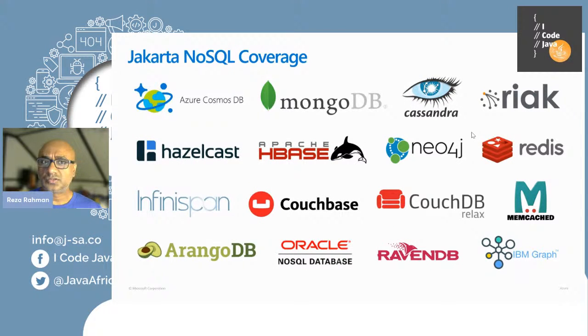So Jakarta NoSQL is a standard. There's only one implementation of it at this moment. It's called JNoSQL. If you go to the JNoSQL site, you will see that the implementation provides support for a whole bunch of databases, NoSQL databases, from Cosmos DB, which is the one we'll talk about today, to MongoDB, to Cassandra, to a whole bunch of databases.